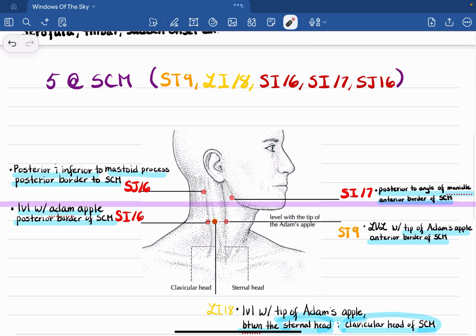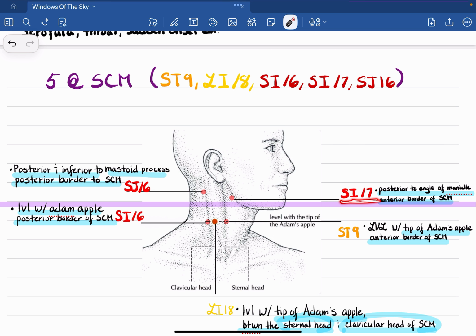So you understand that SI 17 and stomach 9 are both anterior to the SCM. The only thing is stomach 9, LI 18, SI 16, all three of them are level with the Adam's apple. But the first two that are anterior to the SCM are stomach 9 and SI 17.